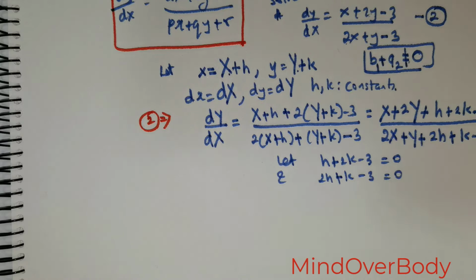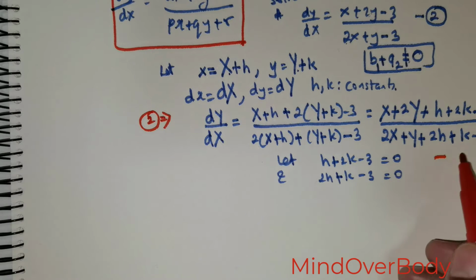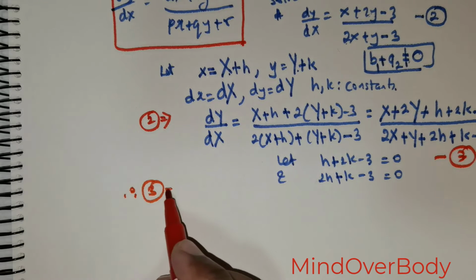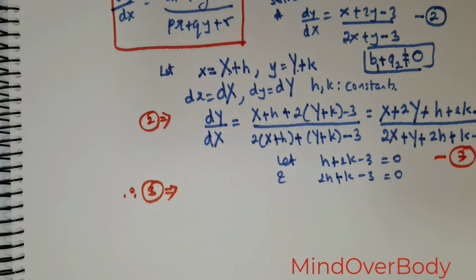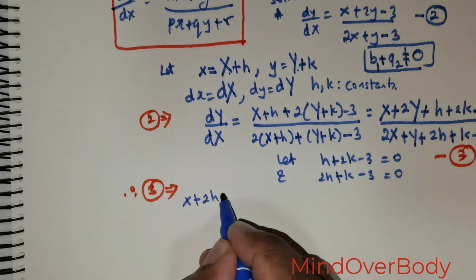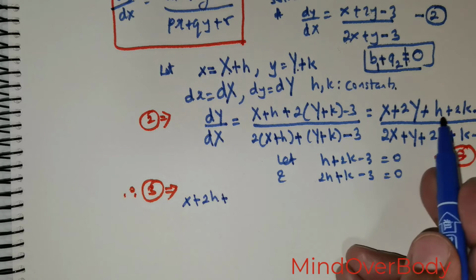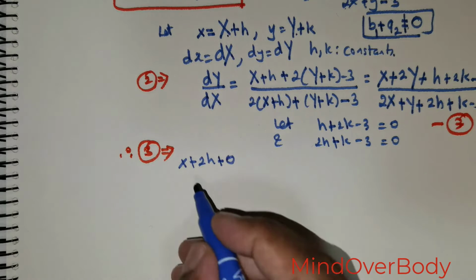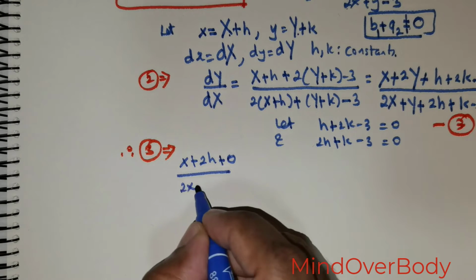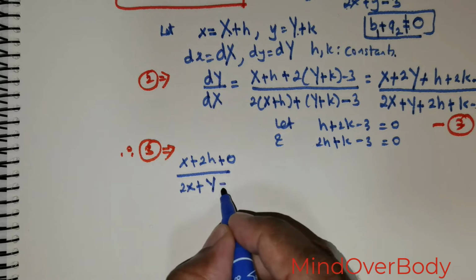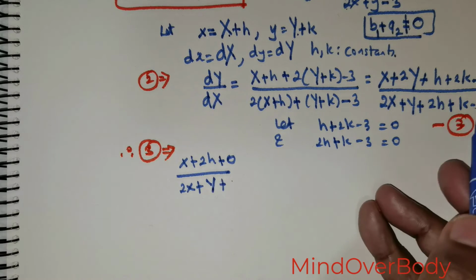If I take this as equation 3, then I can rewrite it as X + (this entire thing is 0) divided by 2X + Y + (this entire thing is 0).